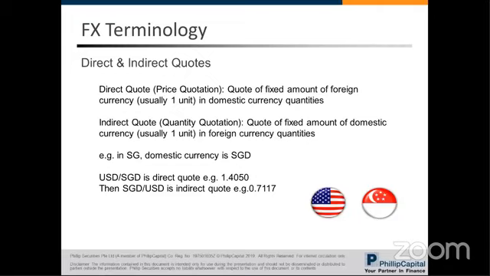The indirect quote is the inverse of it, SGD/USD. That means one SGD, the domestic currency in Singapore, will fetch 0.71 US dollars. So this is the naming convention for FX, which depends on the domestic currency, on where you are situated, in which country. If it's international, usually USD will be used because it is a reserve currency.